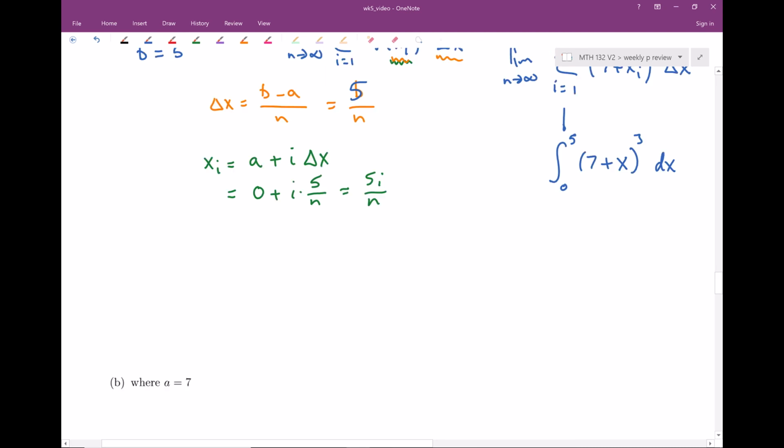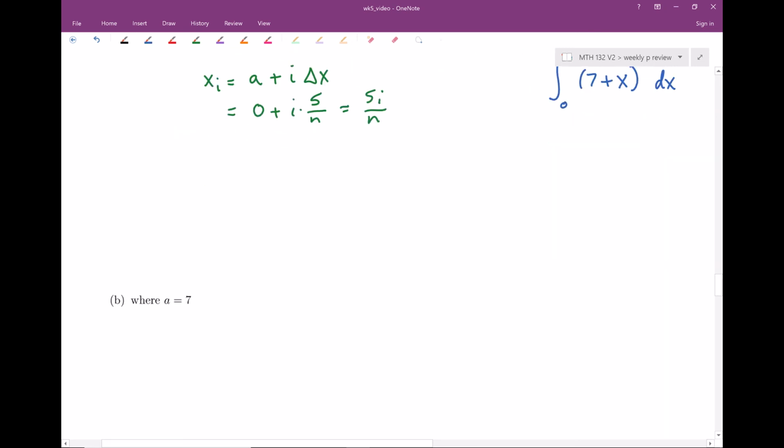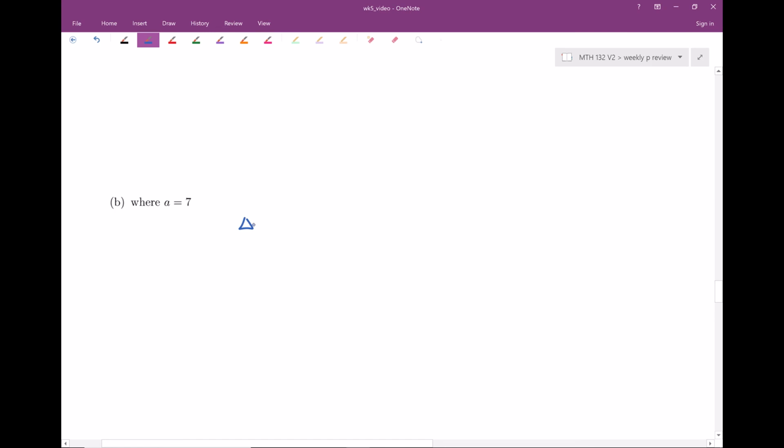I have a lot of the same setup here. Let's write down our delta x. It's b minus a divided by n, so I have b minus 7 divided by n.